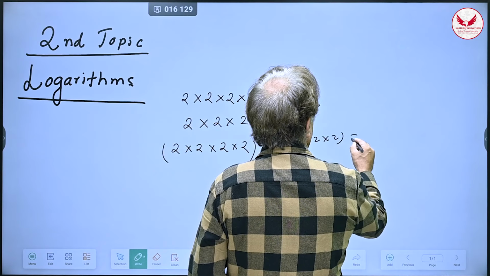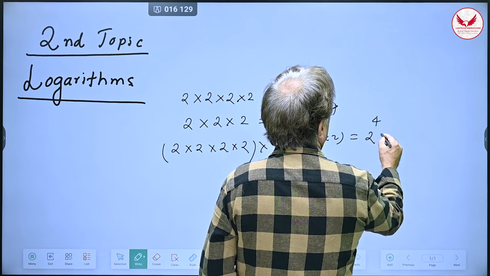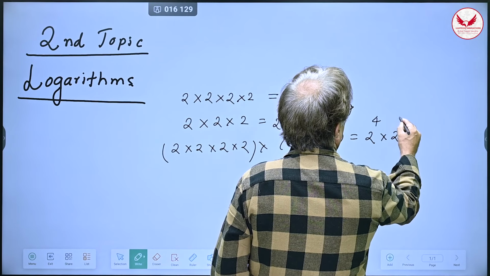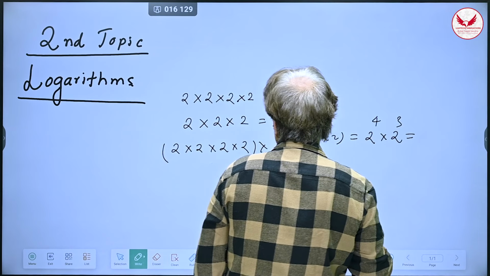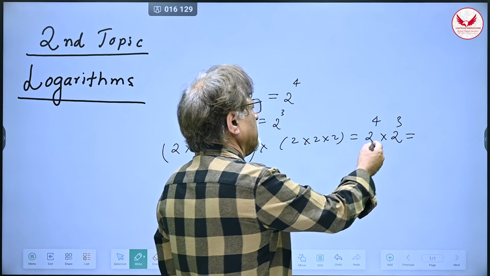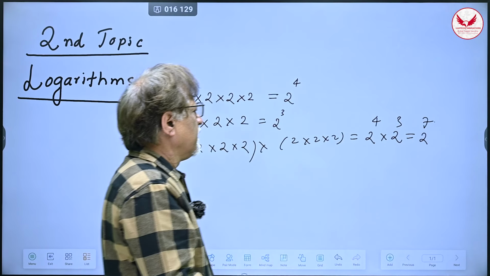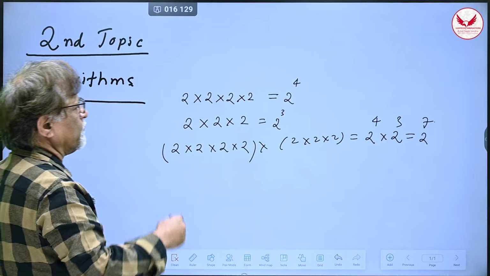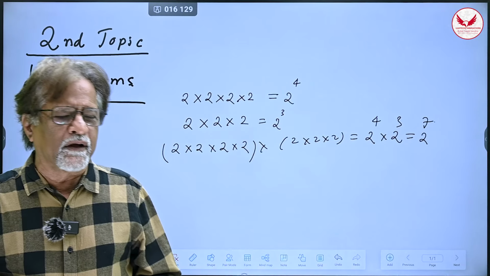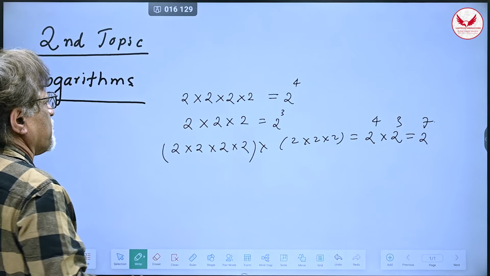So it is like multiplying 2 raised to 4 by 2 raised to 3. But this is nothing but how many times 2 has appeared here? Exactly 7 times. So 2 raised to 7. Correct?